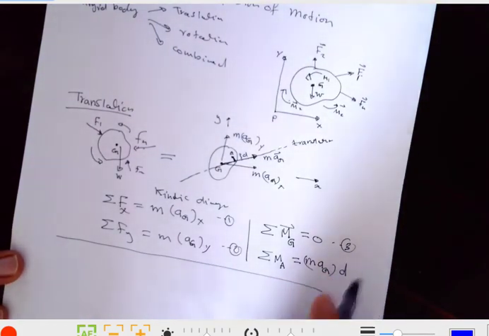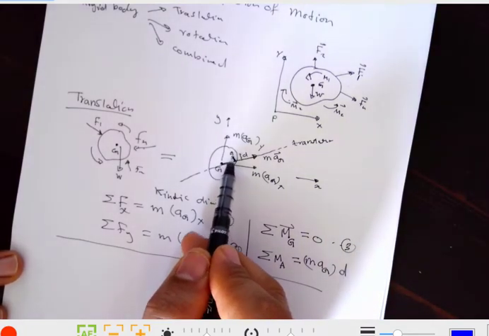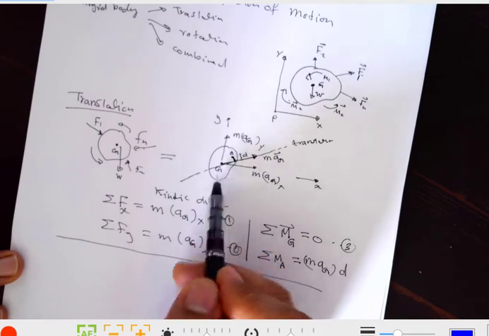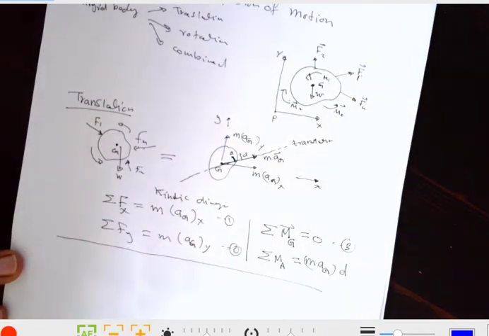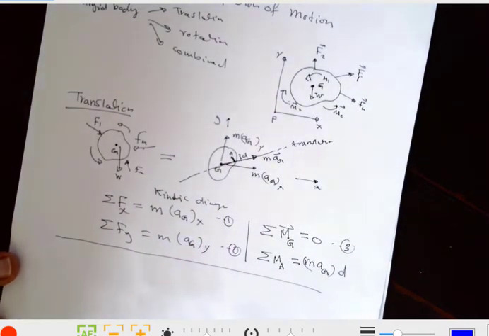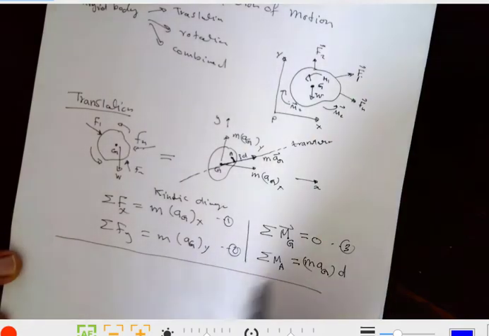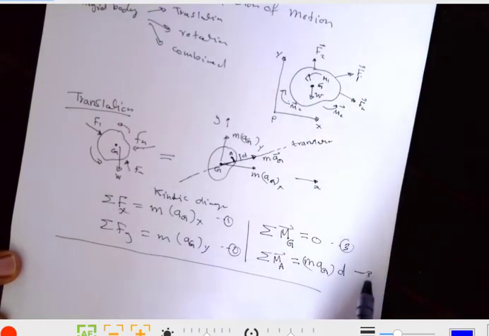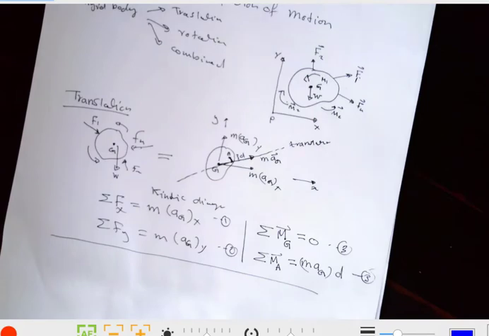This is force multiplied by d, the vertical distance measured from point A to the line of translation. That's going to give us a moment. So this is an alternative. I will take an example to show what that means.